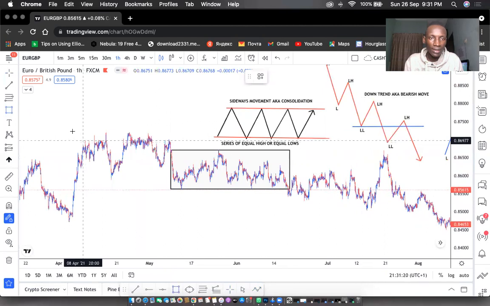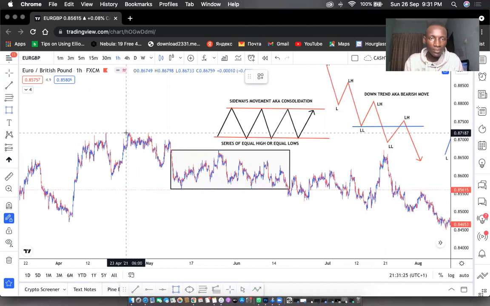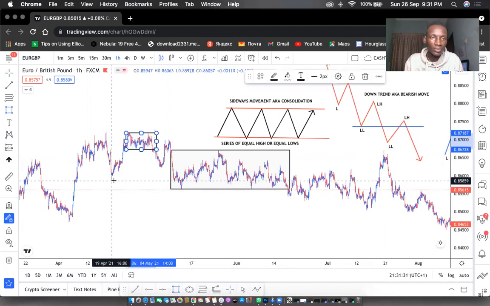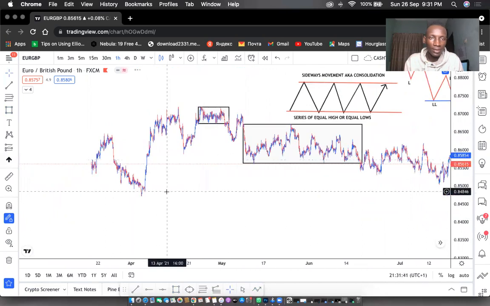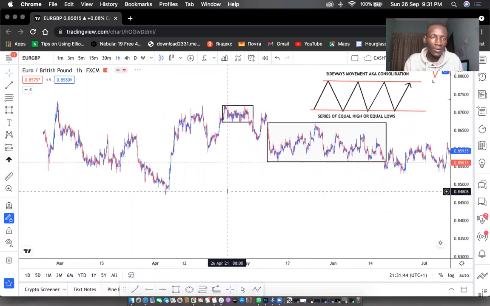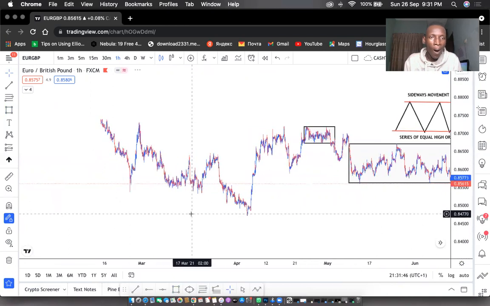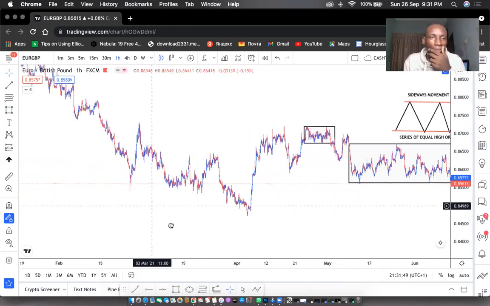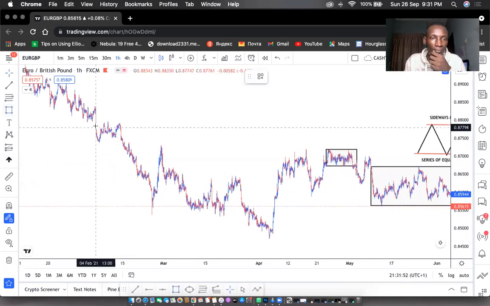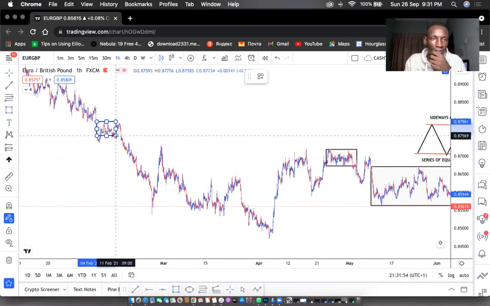So there is another sideways move here. That's a sideways move. Sideways move. And it's right here.